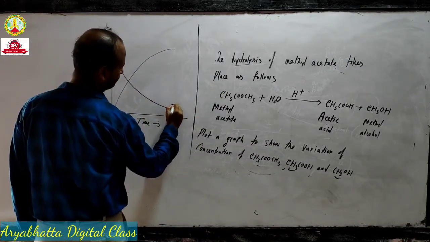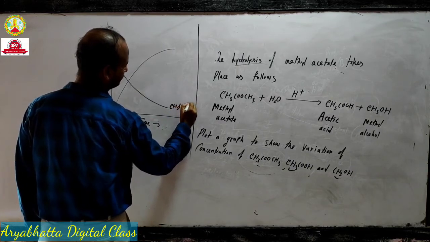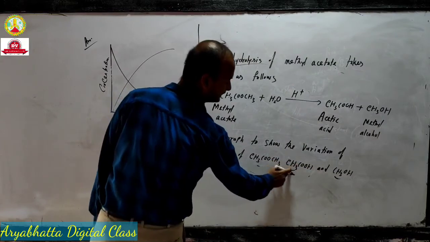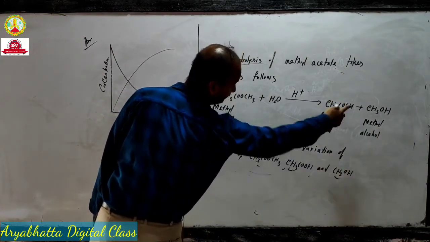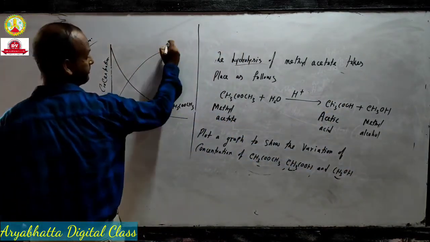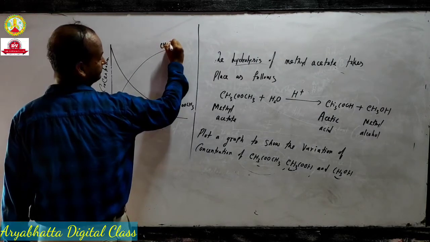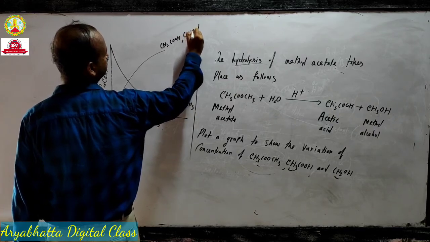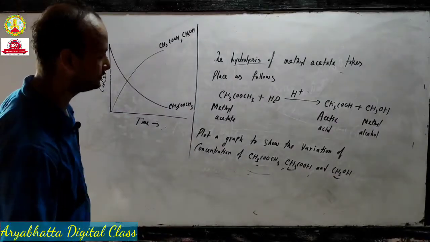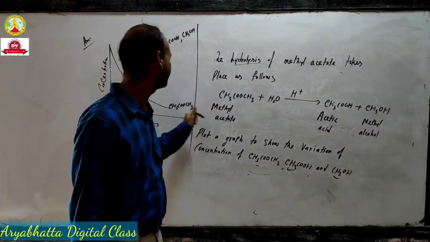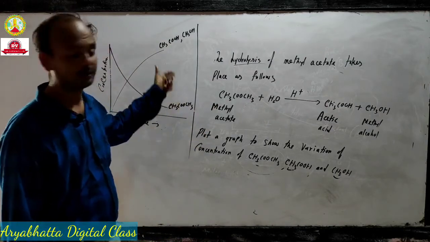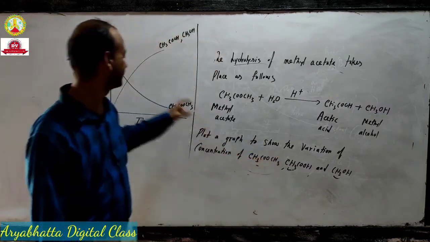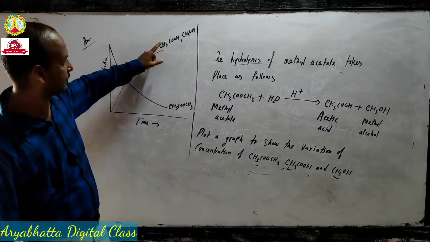CH3COOCH3 will come here. This is product acetic acid, and this one is methanol. Okay, clear? Please see whether the species are reactants or products. If it is a reactant, then put it here. If it is a product, then put it here.